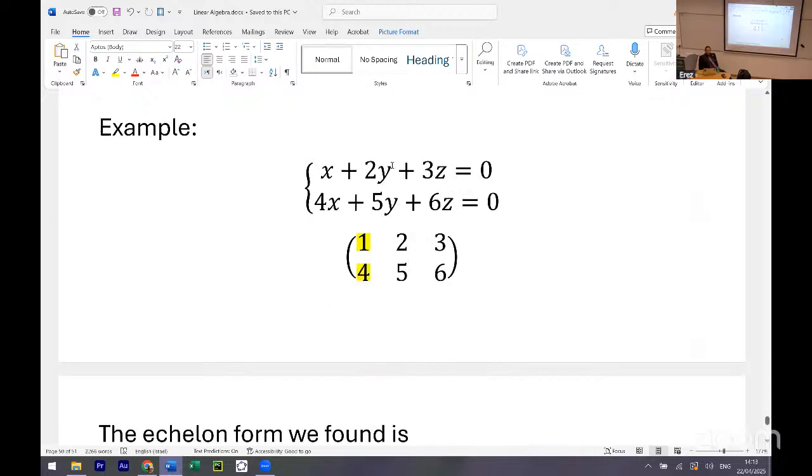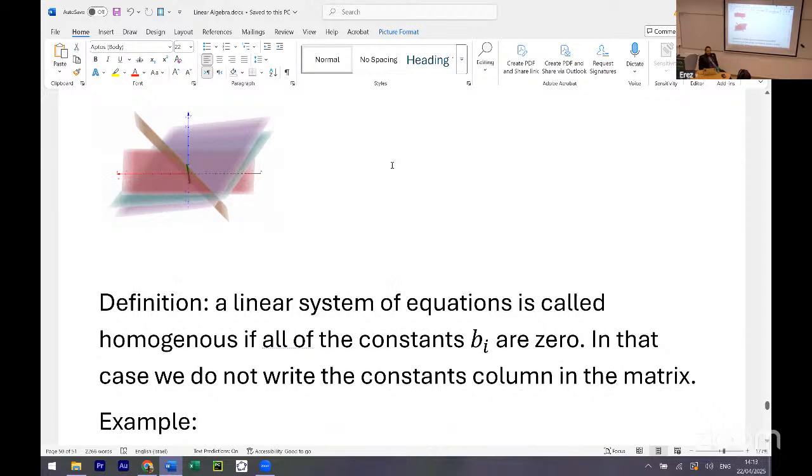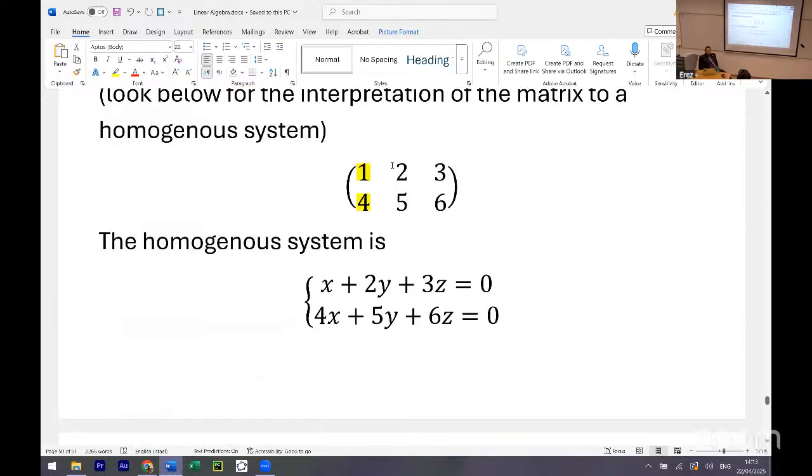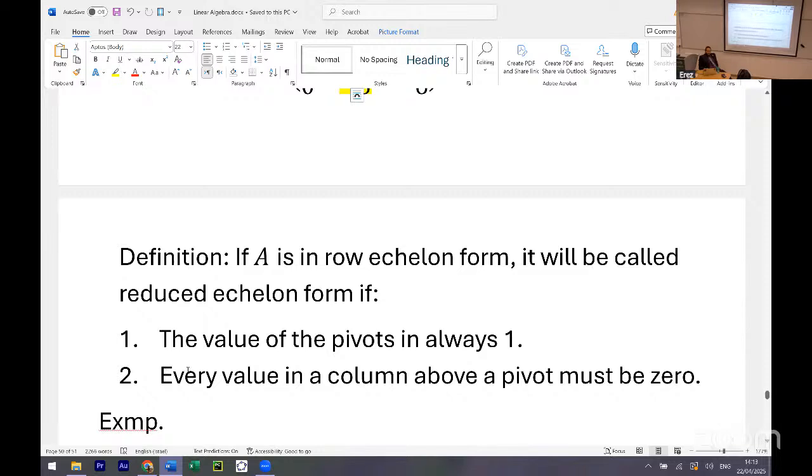In the reduced echelon, every value in a column above the pivot must be 0. In the echelon, it's not required. If you're studying from other places, they teach you to go to the row form, find the last variable, and then substitute up.